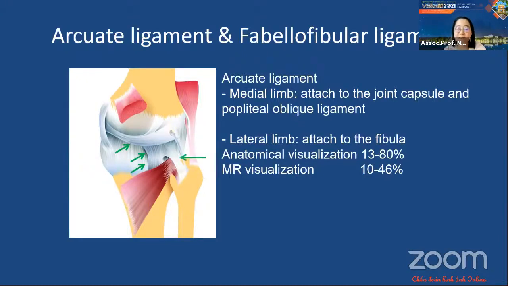The lateral limb attaches to the fibula. Usually we can identify this limb, but it's quite difficult actually. Anatomical visualization may be about 80%, but MRI may be only half of it.